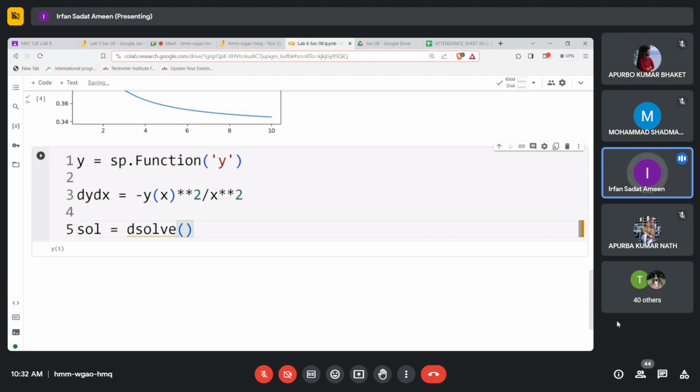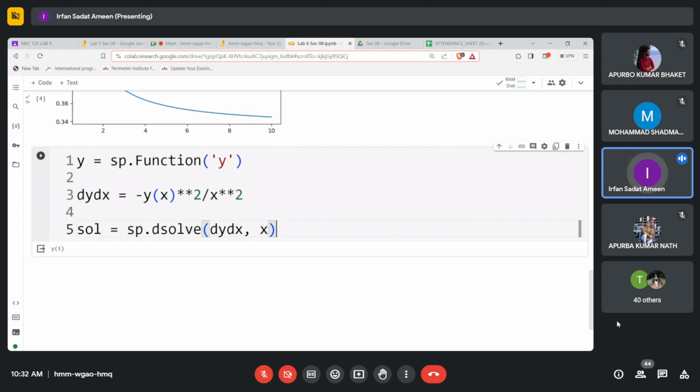One will be the expression, which is dy dx, and this. Then you need to give the variable with respect to which we will be doing this. Okay, so it will be x.